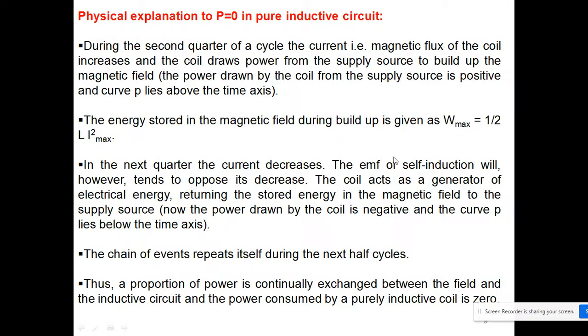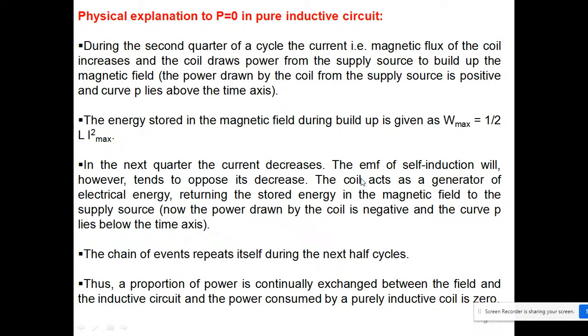So the self-induced EMF will tend to oppose its decrease, as per Lenz's law.